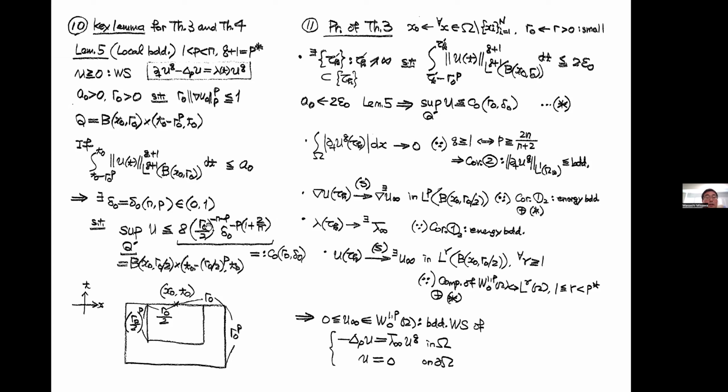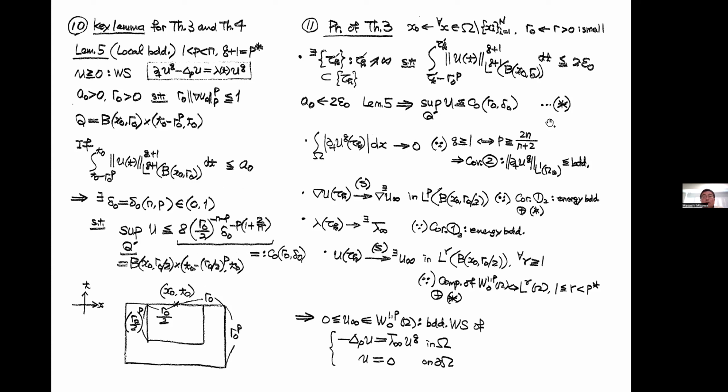This quantity depends on R naught and delta naught. Delta naught depends only on n and p. So this is a uniform constant. Okay, so if this time-space integral quantity is bounded by A naught, then we have such uniform boundedness on the smaller region Q prime. This is the local boundedness result.